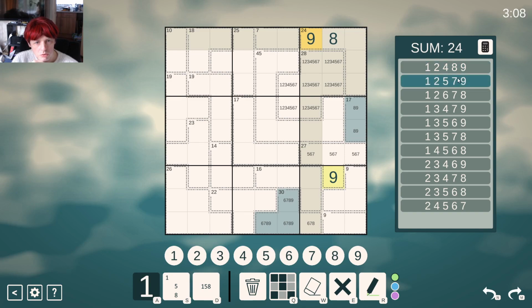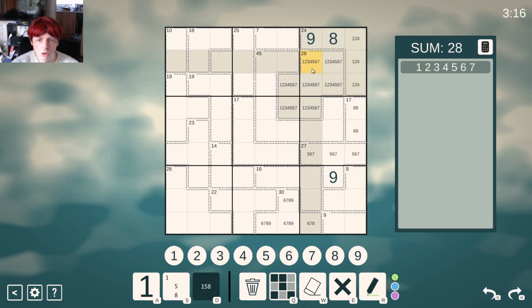So it's got to be 1, 2, 4, 8, 9 because that's the only thing with that, isn't it? So 1, 2, 4 come out of them. And 3, 5, 6, 7 come out of them.